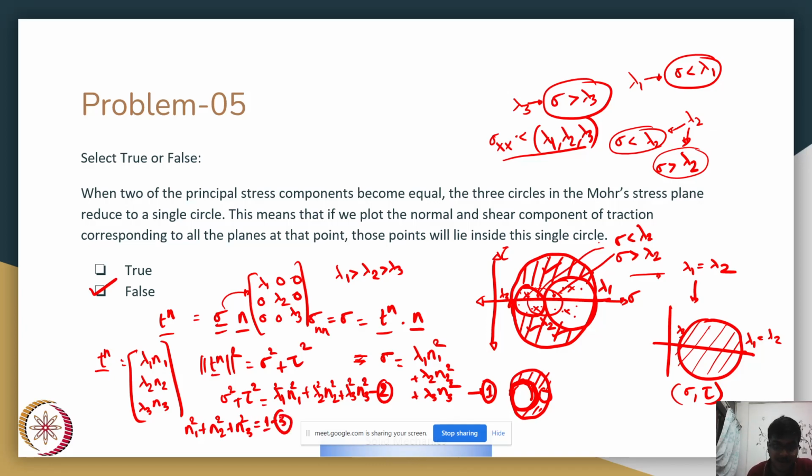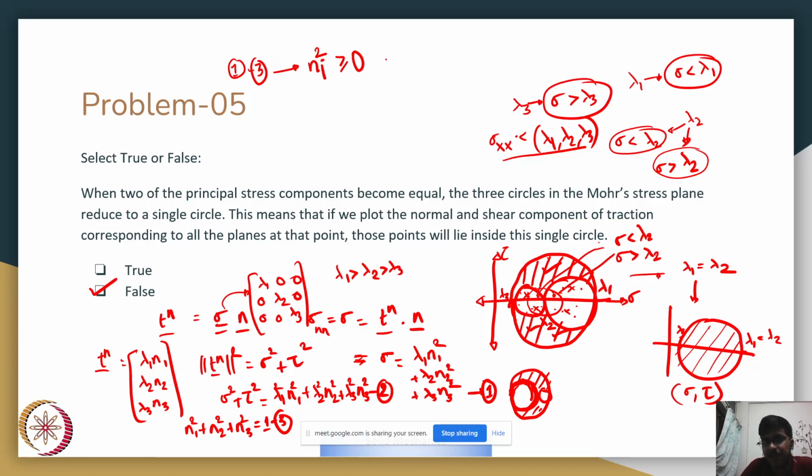So I have three equations, and if I take n1 square, n2 square and n3 square as my unknowns, I can solve them, and then apply the condition that ni square must always be greater than or equal to 0.